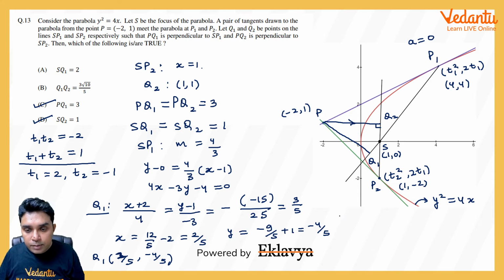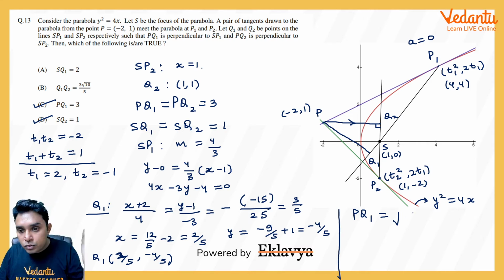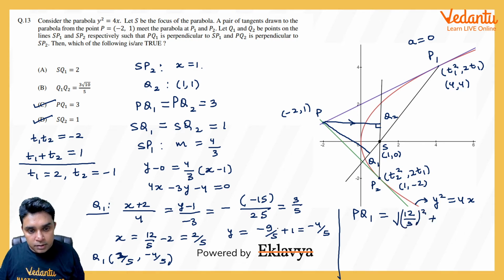So what we were supposed to find, let us do it again. We were supposed to find PQ1. So you can check by distance formula, PQ1 minus 2 by 5. So minus 2 by 5, it will become 5 into 2 10 plus 2 12 by 5, minus 12 by 5 square, and here 1 minus minus 4 by 5, so it will become 9 by 5 whole square.